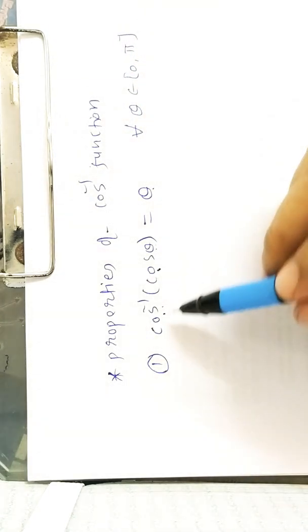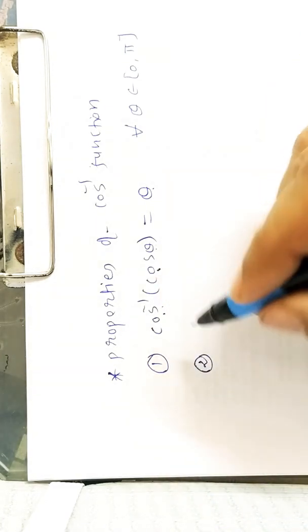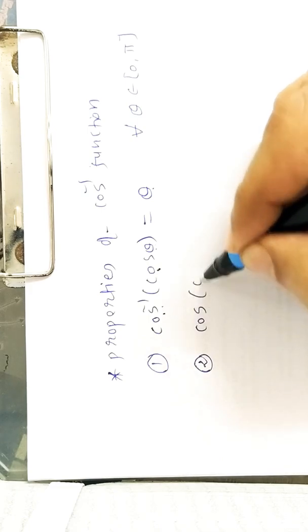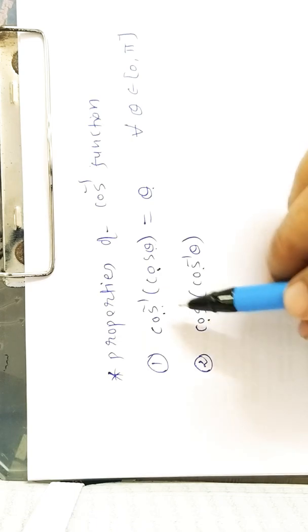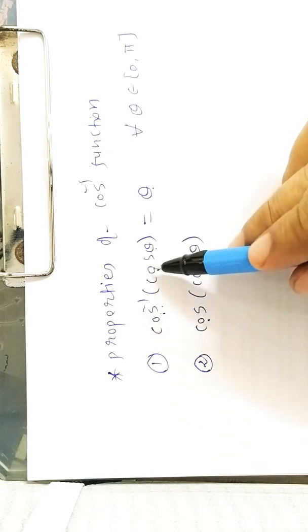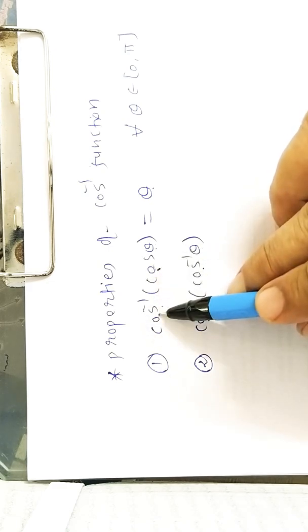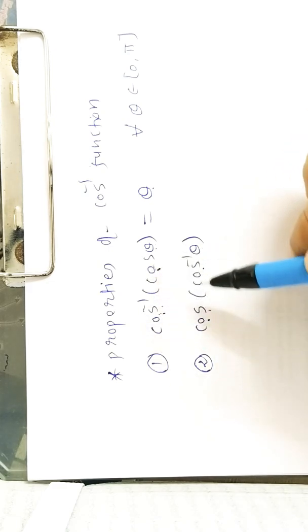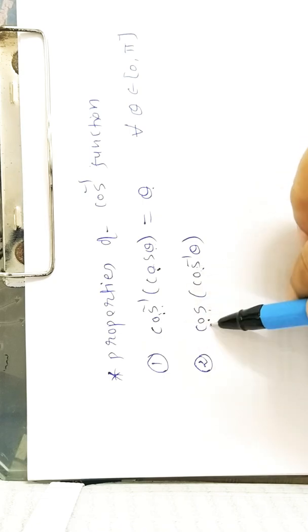If theta does not belong to 0 to pi, then this composition is not possible. Cos cos inverse theta: this is the composition of cos and cos inverse. In the previous example it was the composition of cos inverse and cos, but in this second example it is the composition of cos and cos inverse.